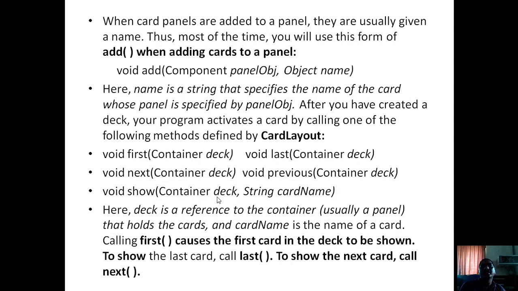When card panels are added to a panel, they are usually given a name. By using this name, the card name, we can distinguish them. Thus, most of the time we will use this form of add method when adding cards to a panel.